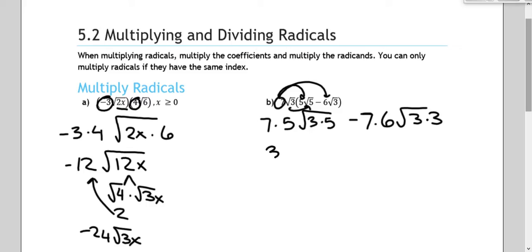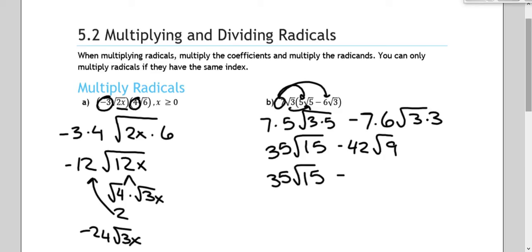This gives us 35 root 15 minus 42 root 9. So then that becomes 35 root 15 minus 42 multiplied by 3 to give us 126. Always check to make sure that it's simplified as far as it can go.